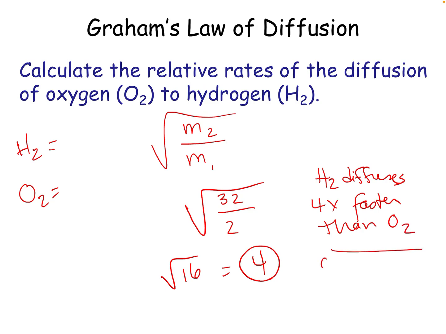You could also say oxygen diffuses 4 times slower than hydrogen. That's because heavier ones diffuse slower anyway, so just take that number and plug it in. Now, if you got decimals, that'd be fine. You could round it or just use a decimal.